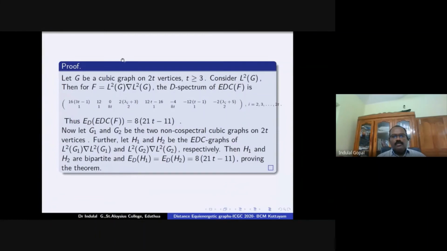We skip the proof. If you take cubic graphs on 2t vertices, consider their second iterated line graphs, form their join F, and find the EDC graph of F, then the EDC graphs for two different G1 and G2 will be equi-energetic.